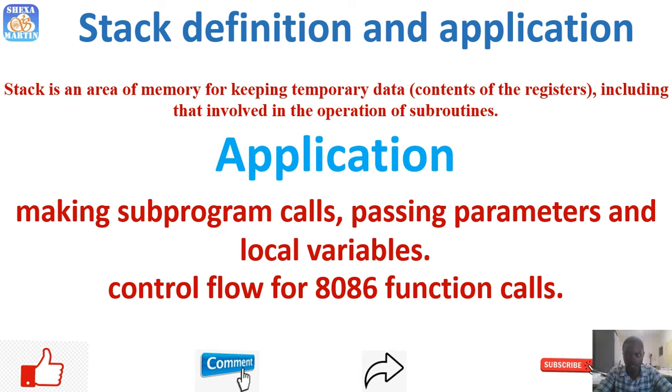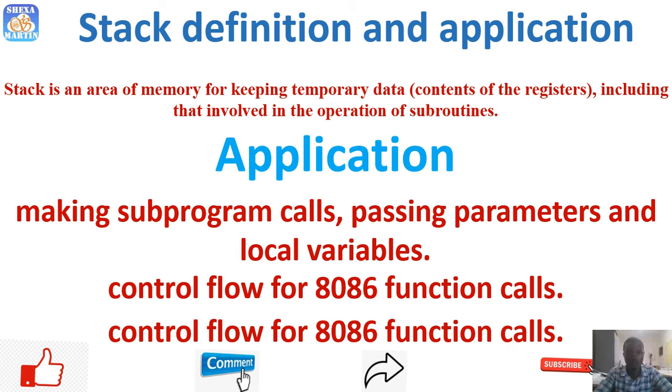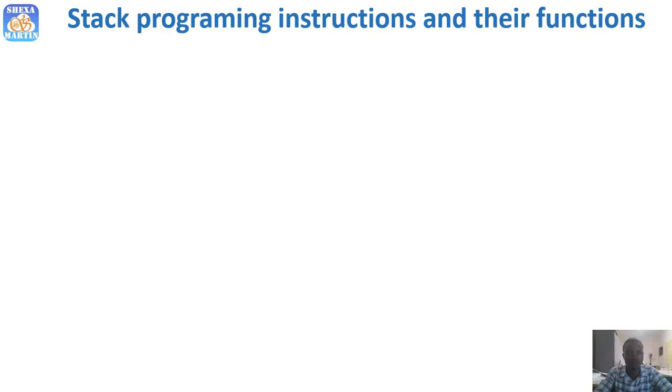So the stack is accessed using the stack pointer and stack segment registers. So those are the two registers that are used to access the stack. The x86 stack can be manipulated explicitly via the SP register. A 16-bit stack pointer implements a stack to support subroutine calls and interrupts or exceptions.